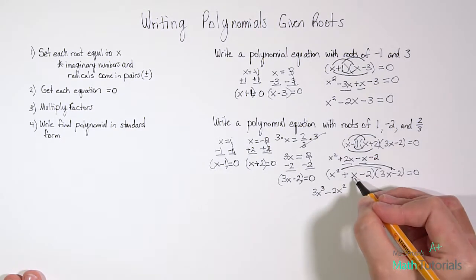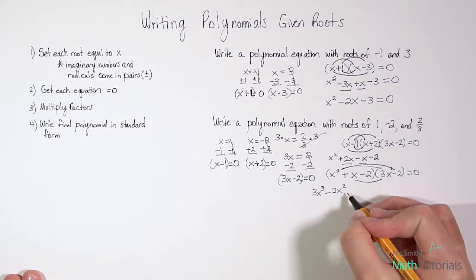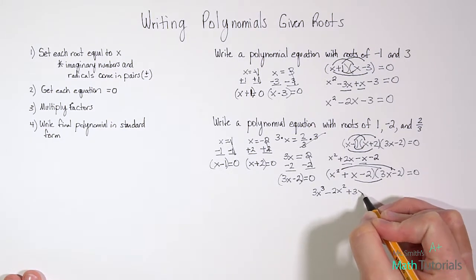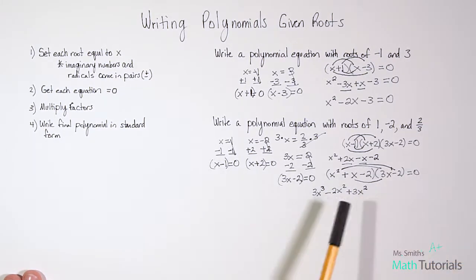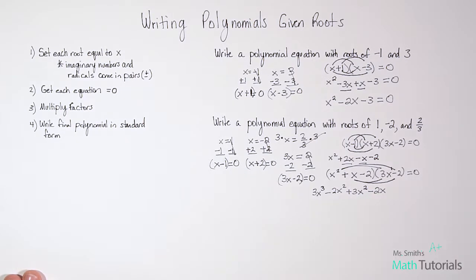And now we'll do this middle term of x. So let's multiply x times 3x would be positive 3x squared. X times x is x squared. And x times negative 2 is a negative 2x. And now we're ready for that final term of the trinomial. So this negative 2, we need to distribute that term to each of the binomial as well.